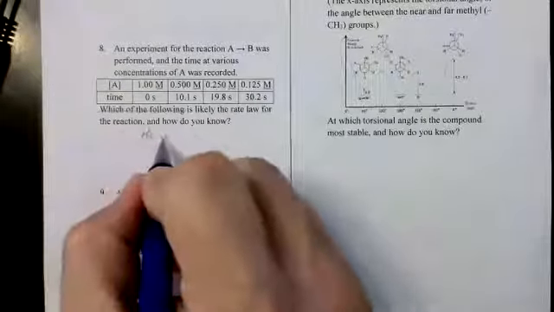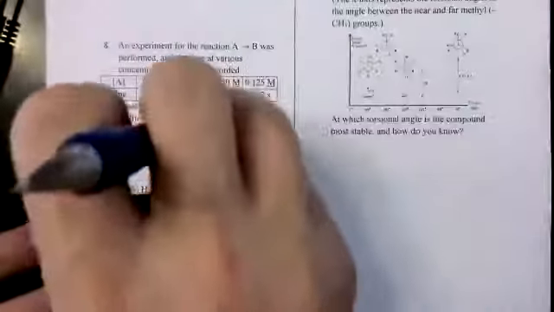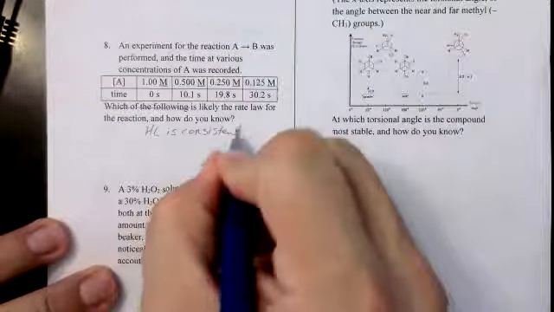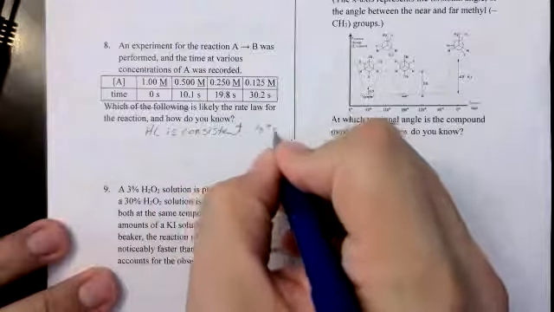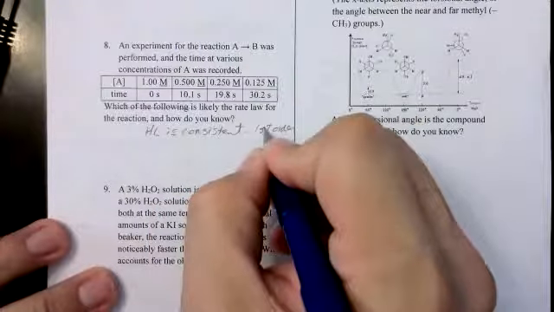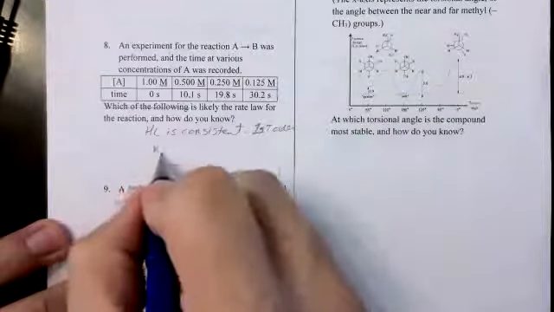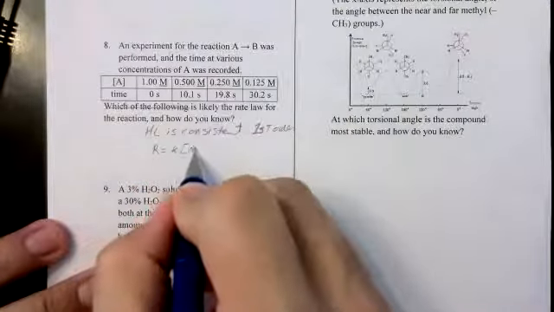So the half-life is consistent. And so it's first order, which means the rate law will be reactant to the first power.